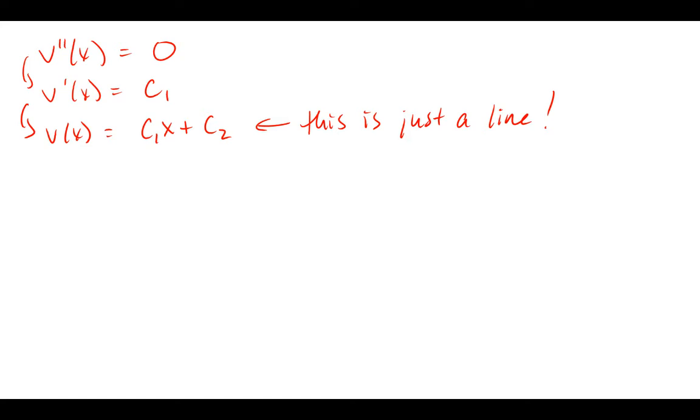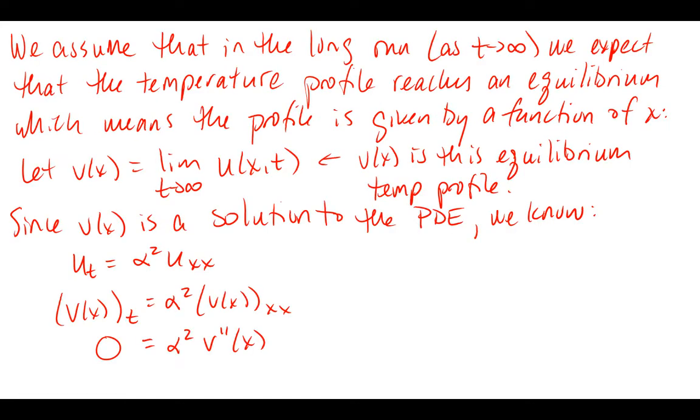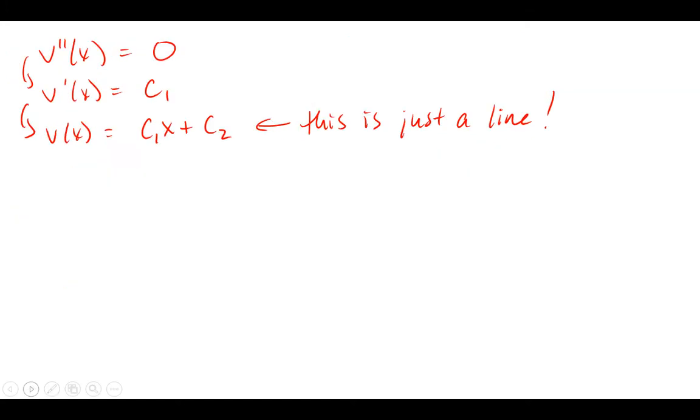I haven't solved the PDE exactly, because I don't know what u is. I don't know what the solution to the PDE is just yet. But at the very least, the limit of the solution, which we've yet to produce, is actually just a line.